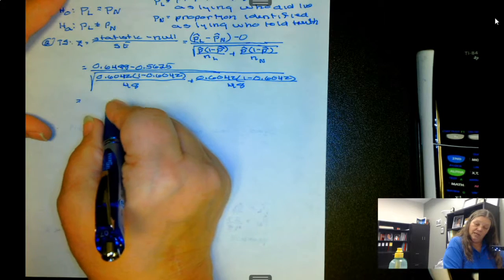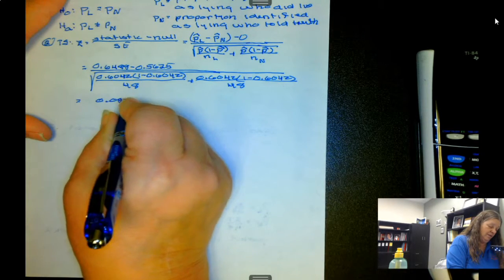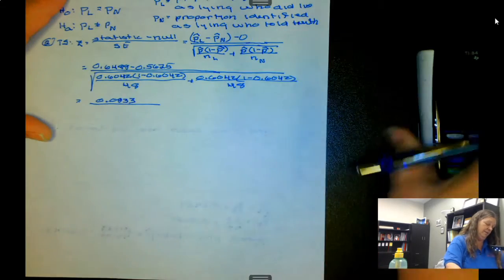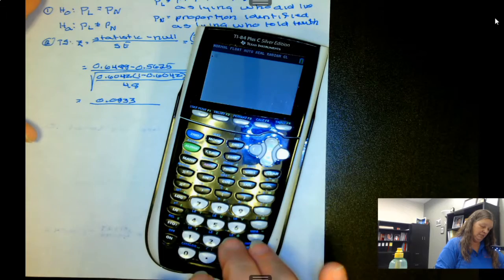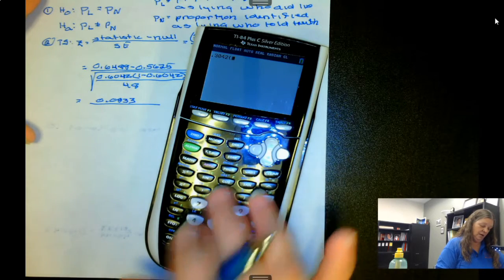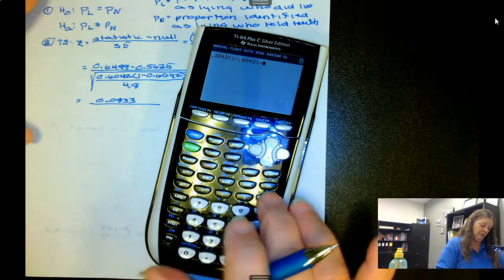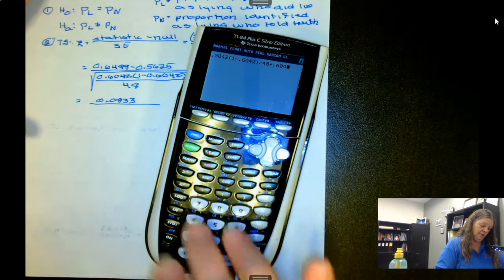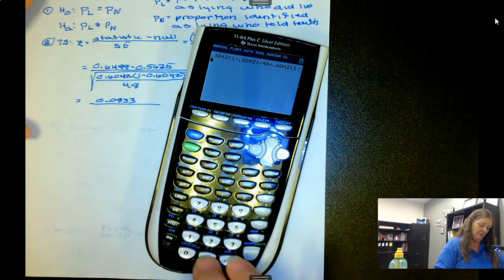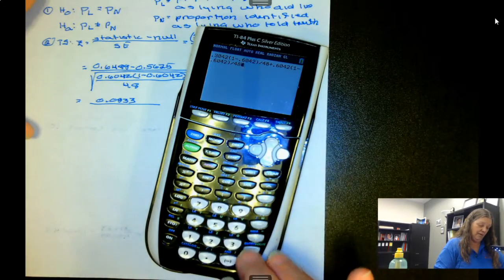So this turns out to be 0.0833 over. So we have 0.6042 times 1 minus 0.6042 divided by 48 plus 0.6042 times 1 minus 0.6042 divided by 48.